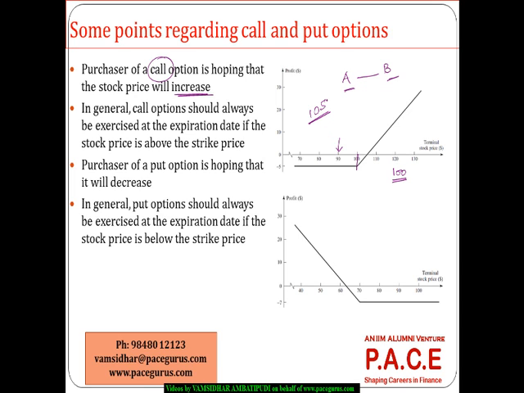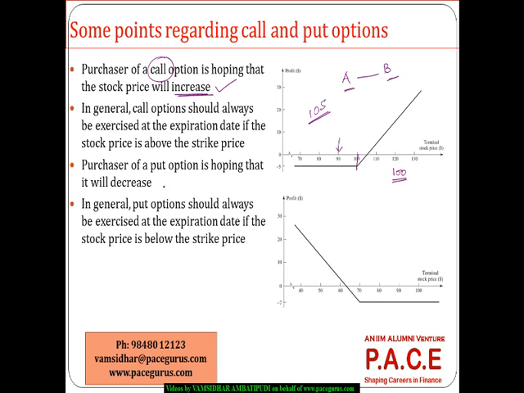So generally A will exercise the option only when the market price is above 100. The moment the market price is below 100, he will not exercise it, which means the person who has purchased the call option will always expect that the price will increase in future.